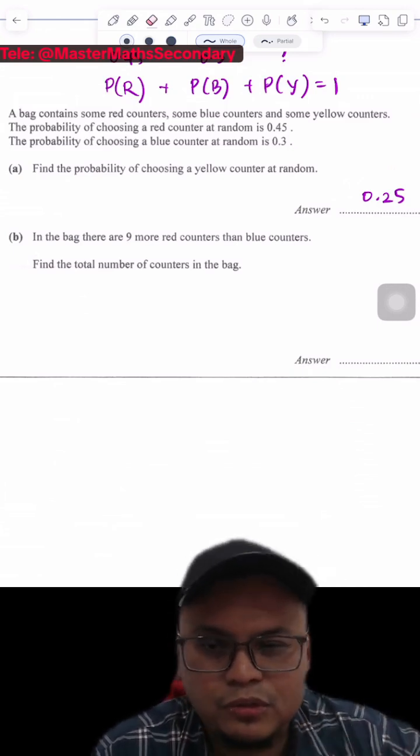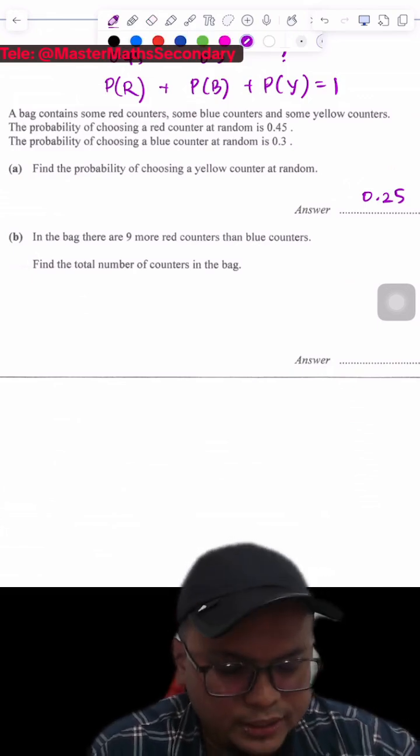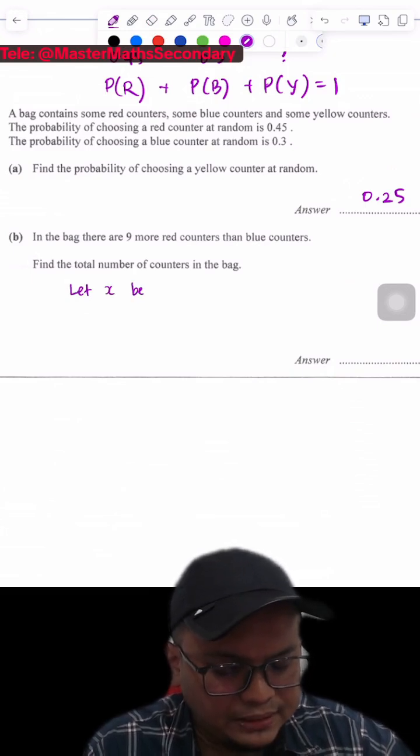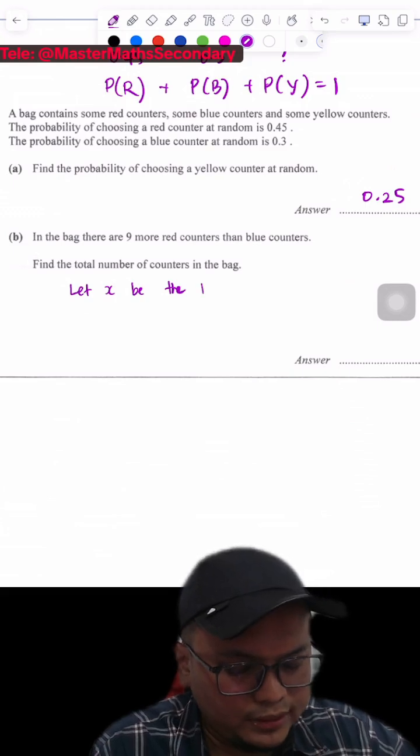Now you can actually solve this using the algebraic approach. I can start off by letting x be the total number of counters.